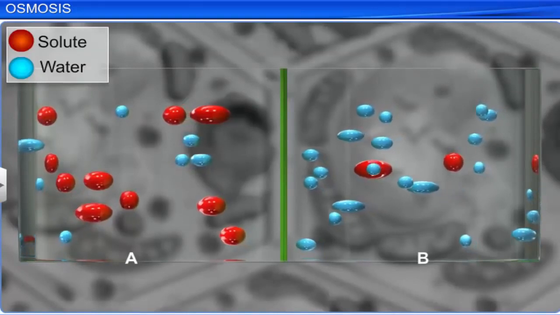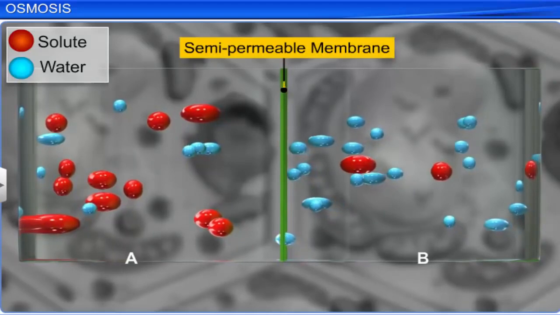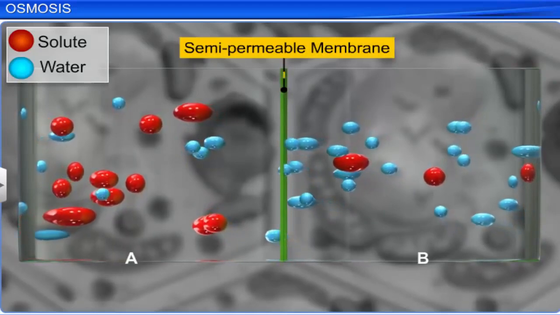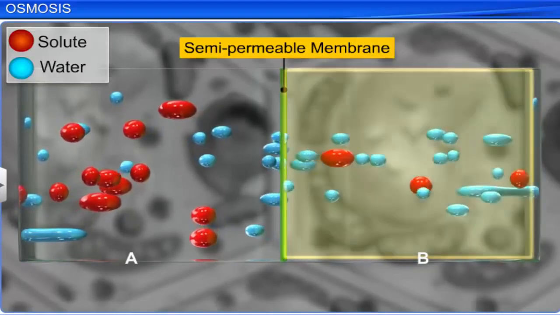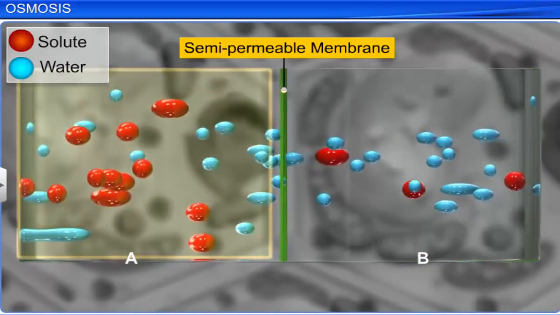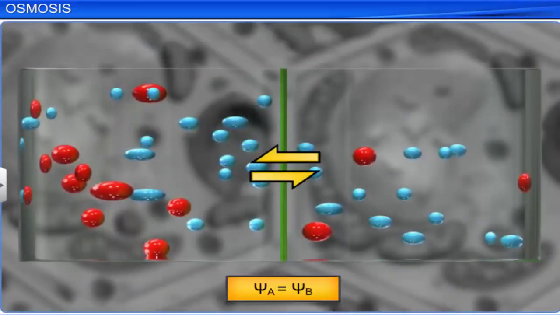If two solutions are put into a chamber separated by a semi-permeable membrane, then water will move from the region of higher chemical potential or concentration gradient to the region of lower chemical potential until equilibrium is reached. At equilibrium, both chambers will have the same water potential.